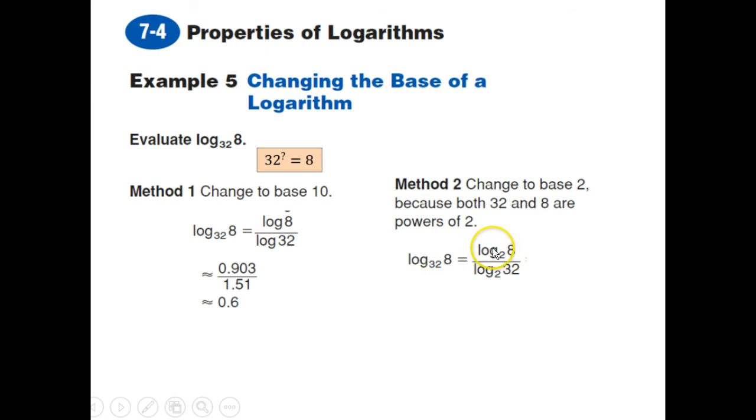Remember, you always start with this number on the top, over the log base 2 of that little number, or 32. Now I'm going to say to myself, what do I need to raise 2 to get to 8? And what do I need to raise 2 to get to 32? Because then I can rewrite this top number as 3 and the bottom number as 5, and the final answer is 3/5.